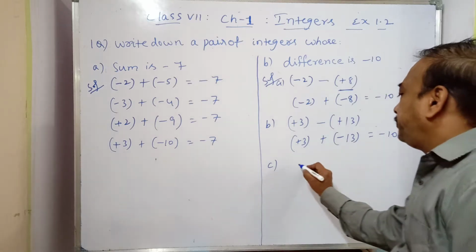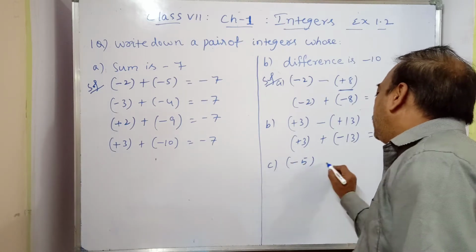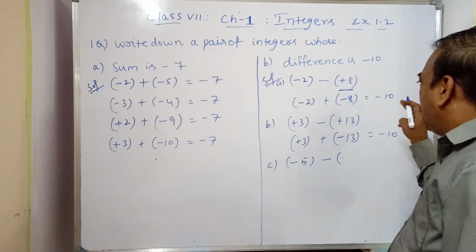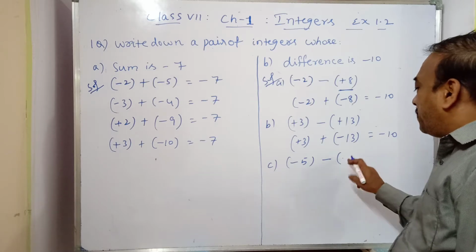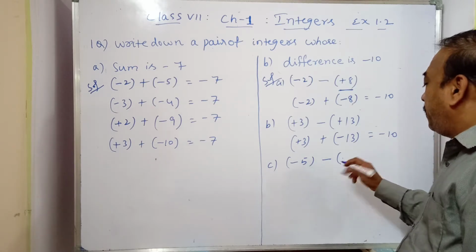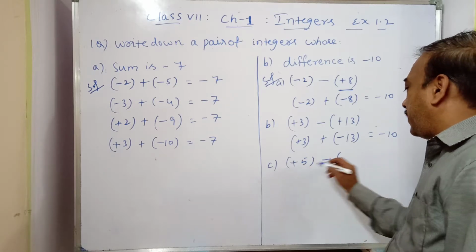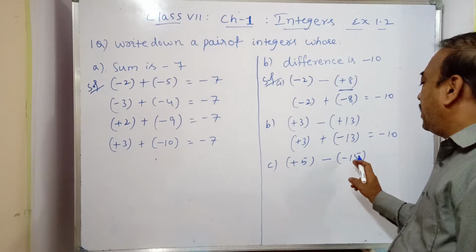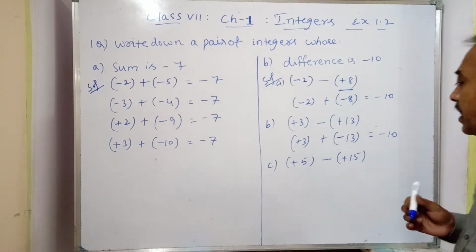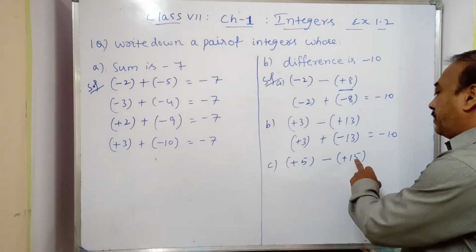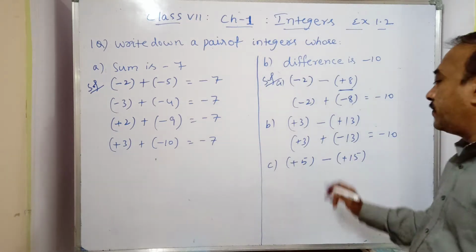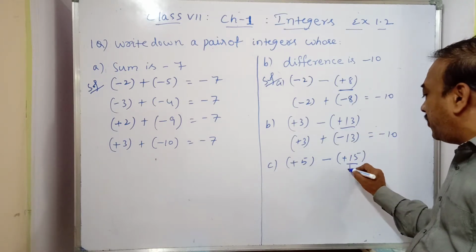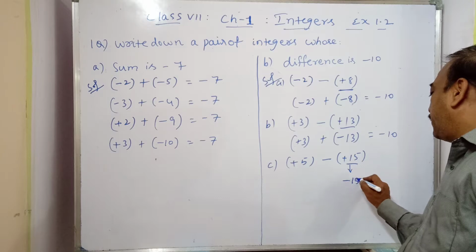One more example: plus 5 minus plus 15. You have to get minus 10. If you write minus 15, adding its additive inverse: the additive inverse of plus 15 is minus 15.